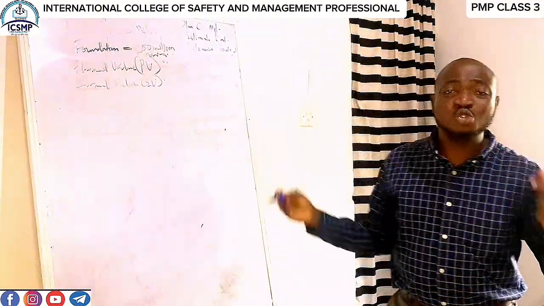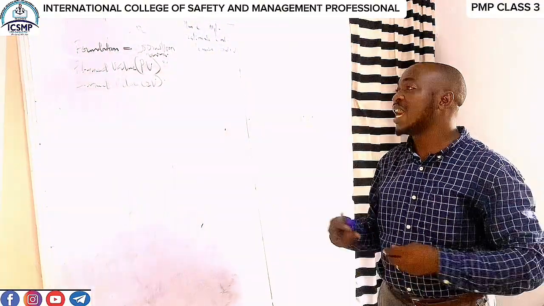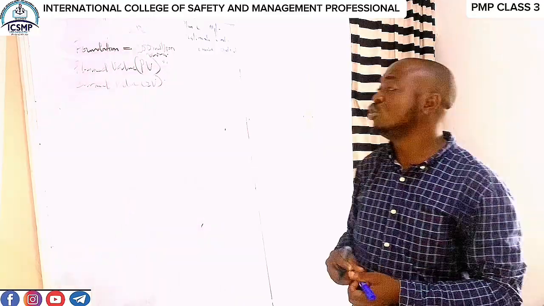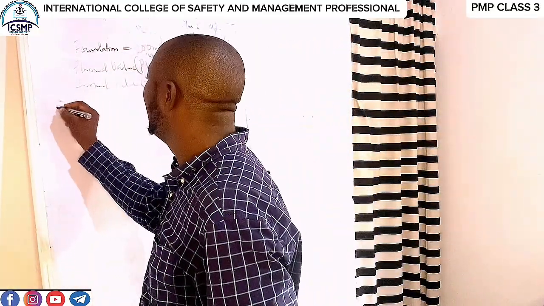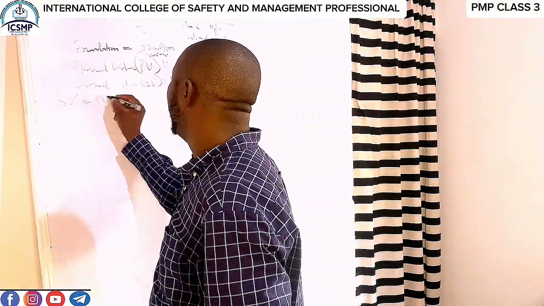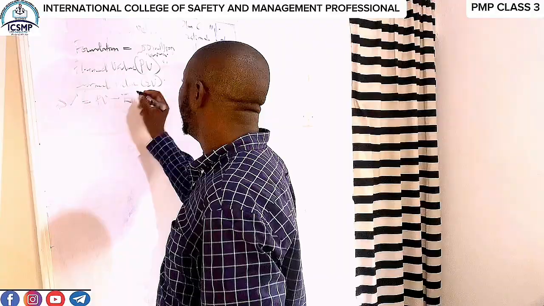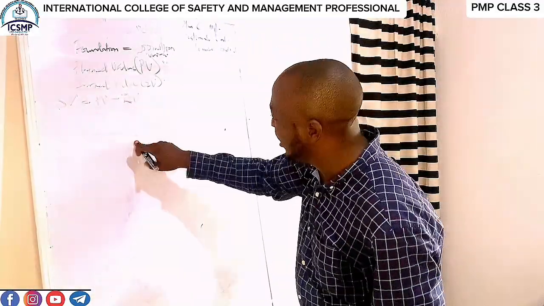So we have 2 indices that we can use to determine if cost is performing or not. The first one is what we call the schedule variance, SV, which is equal to your PV minus your EV. Your schedule variance is equal to your planned value minus your earned value.